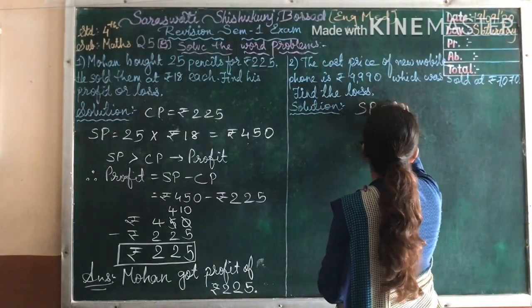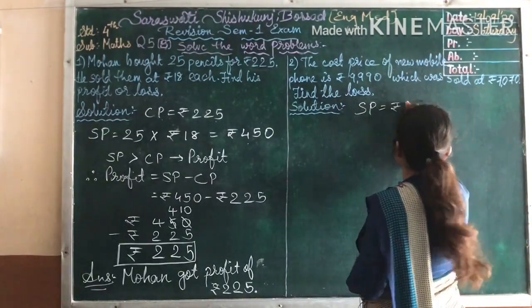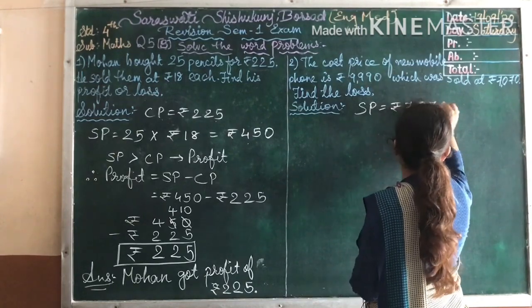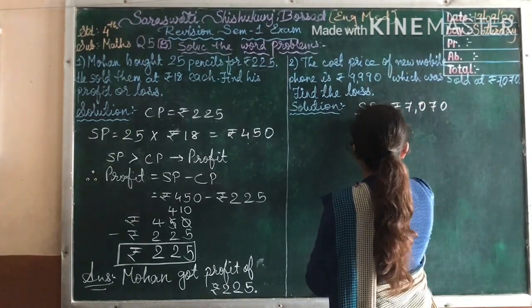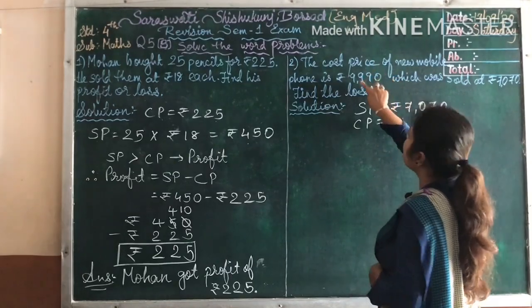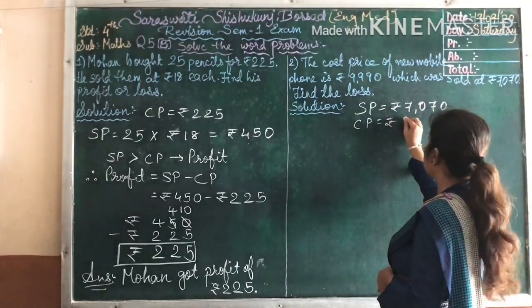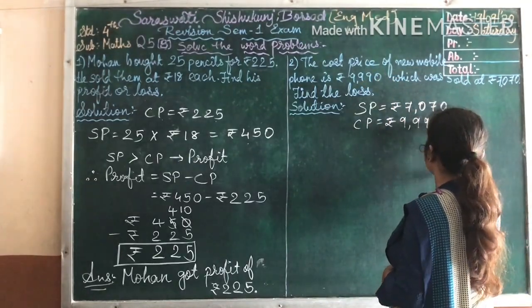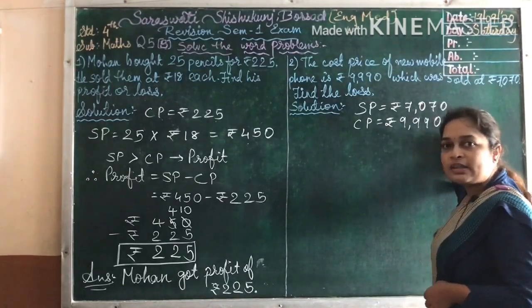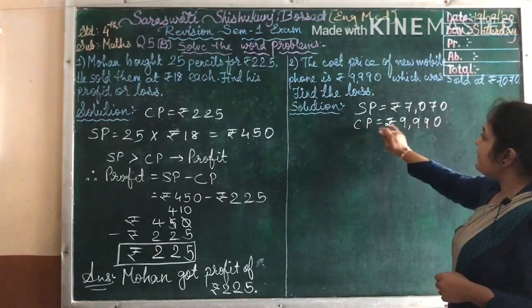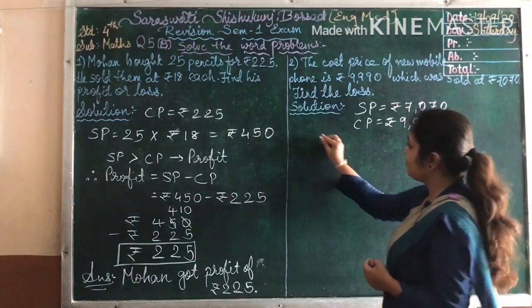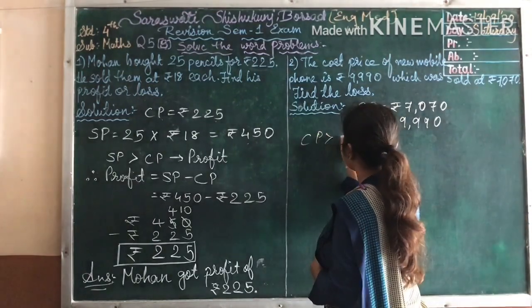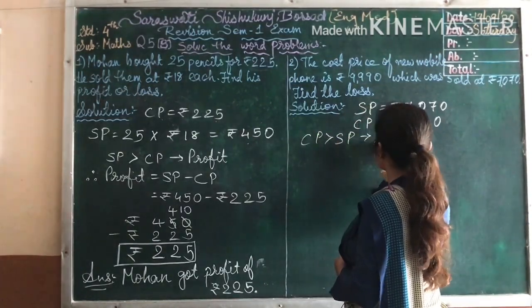SP is equal to rupees 7,070 and CP is equal to rupees 9,990. Now if we will compare these both numbers, we can say that CP is greater than SP, gives loss.